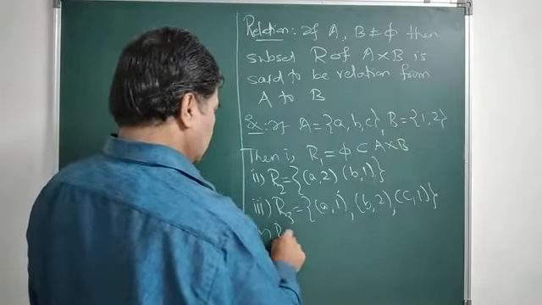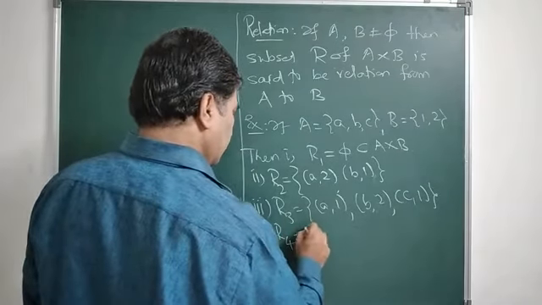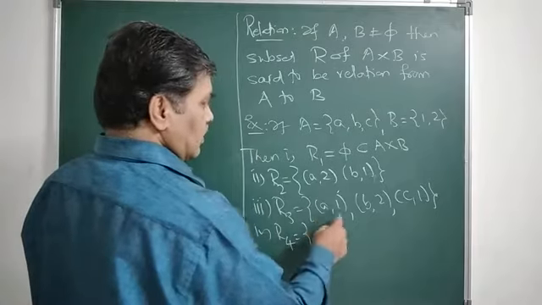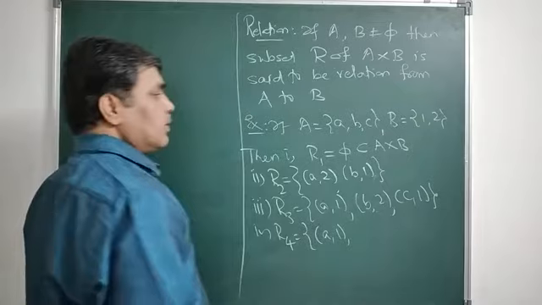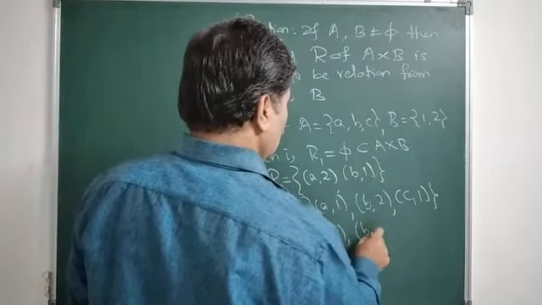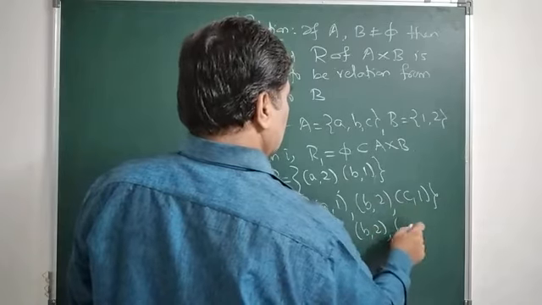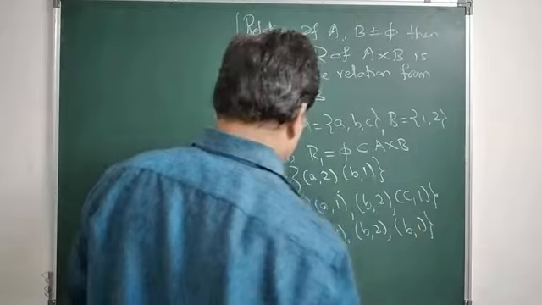R4 is equal to, if I take (a,1), then (b,2), (b,1). If I take it like this, okay.